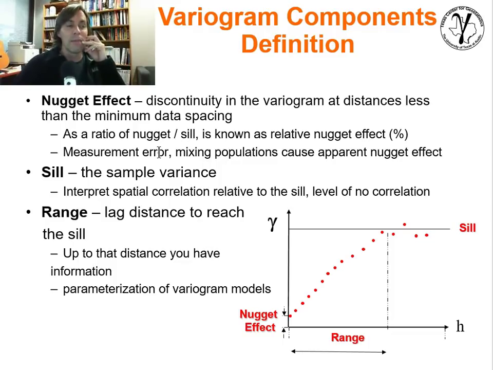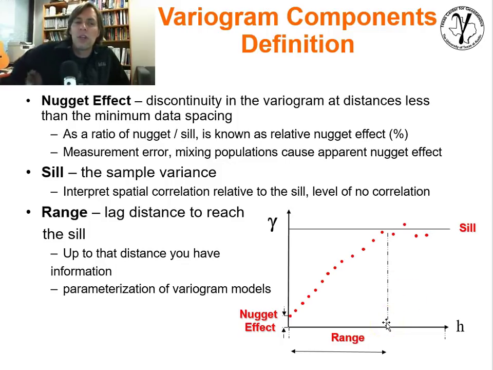The sill is equal to the sample variance. It is the point when we reach the sill with the variogram. At that point, we have no correlation. We no longer have any information. And if that's important, then we give it a name. That distance, the lag distance in order to reach the sill, the first instance where we approach the sill, we will term that as the range.